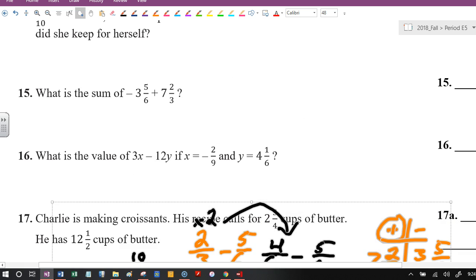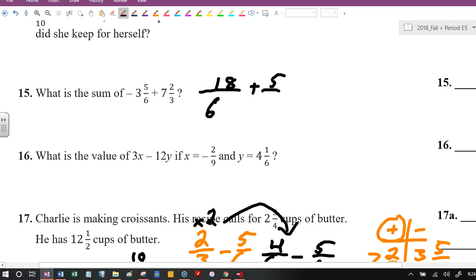Okay, so instead of all of that, we're going to do improper. So 3 times 6 is 18, so we have 18/6. And this one said, 18/6 plus the 5/6, so that makes 23/6.